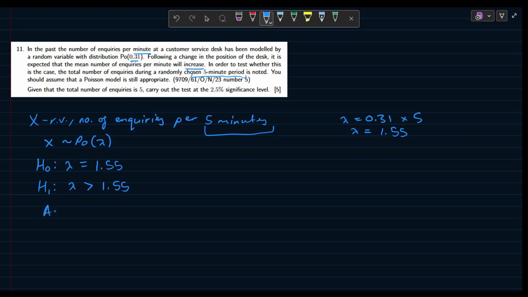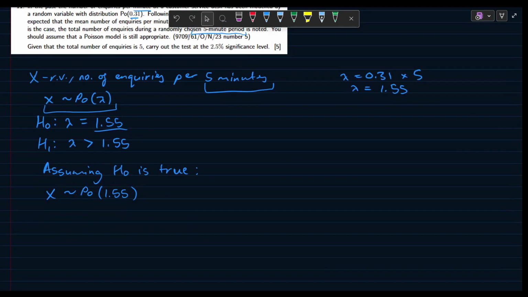So assuming H naught is true, we can rewrite our distribution here, x, and say that our lambda is 1.55. And now let's create a rejection rule for our test.